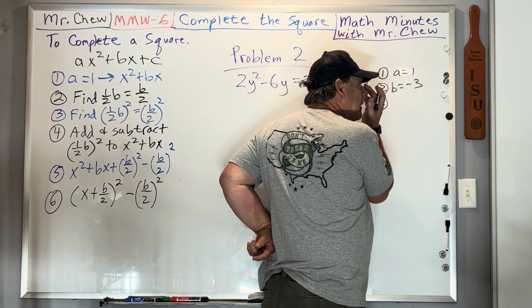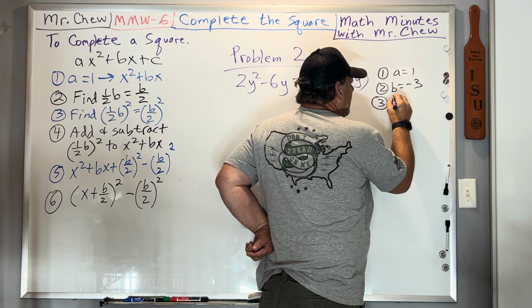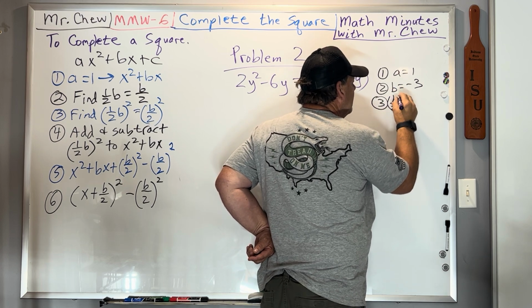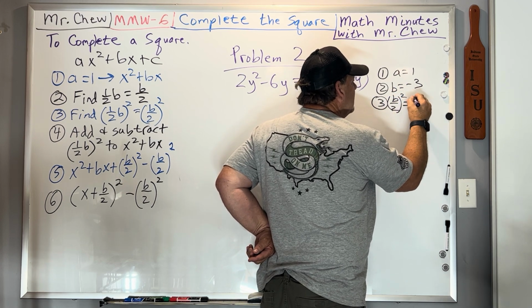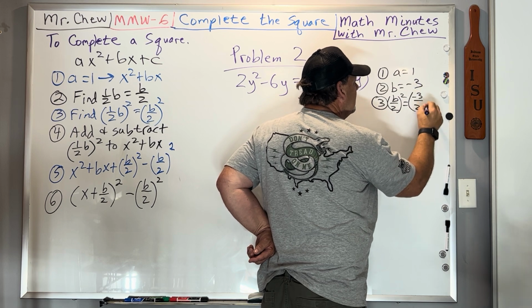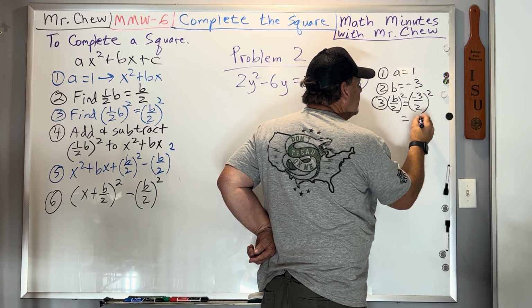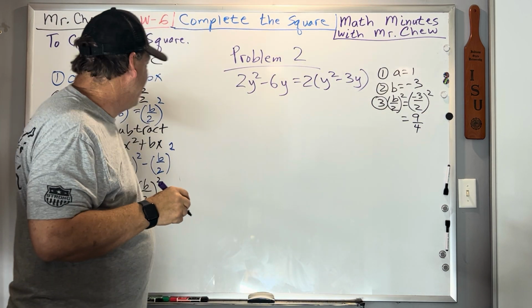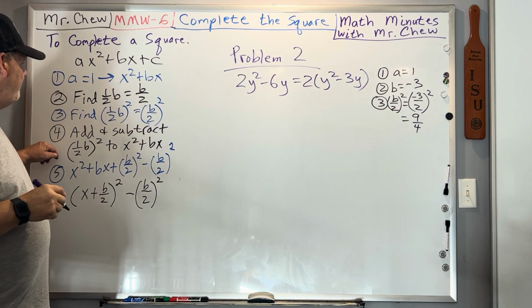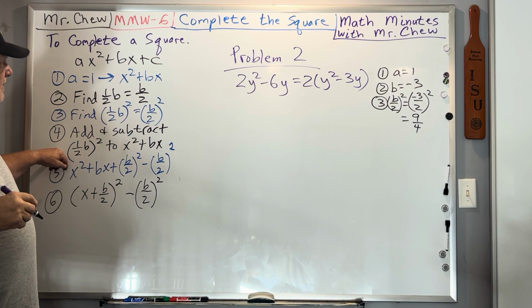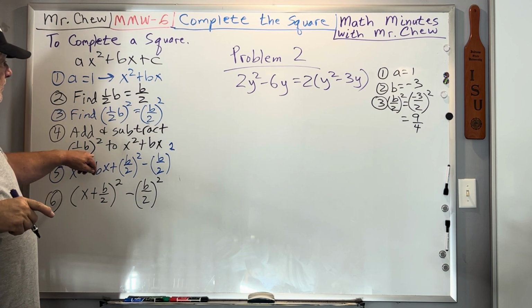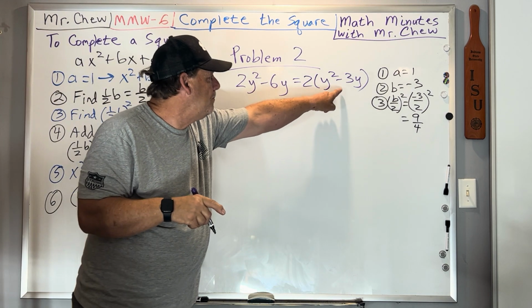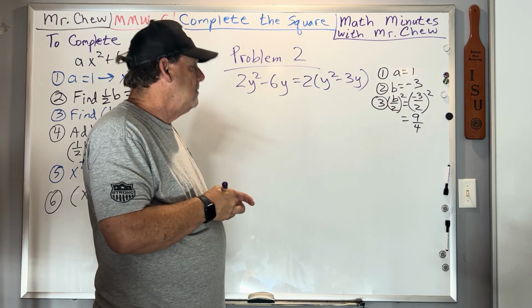So this is B over 2 squared would equal -3 over 2 squared, which is 9/4. Everybody see that? Step 4, I'm going to add and subtract that number I just found on step 3 to my part inside of here.